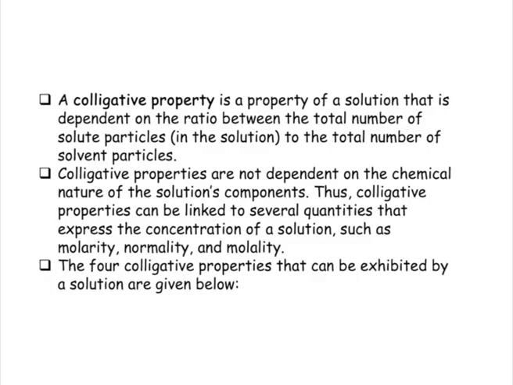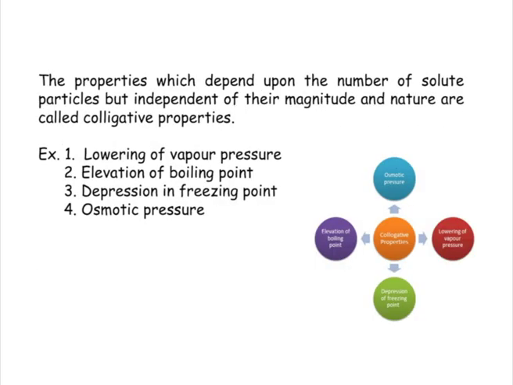There are 4 colligative properties exhibited by a solution: lowering of vapor pressure, elevation of boiling point, depression in freezing point and osmotic pressure. All of these are colligative properties. They depend on the number of moles of solute present in the solution, and on the nature of the solvent.